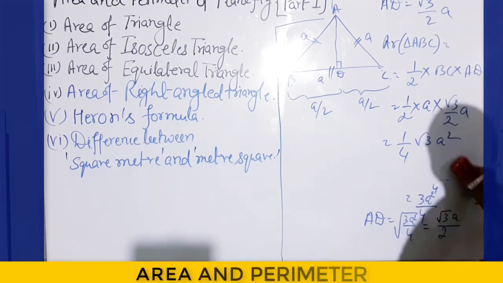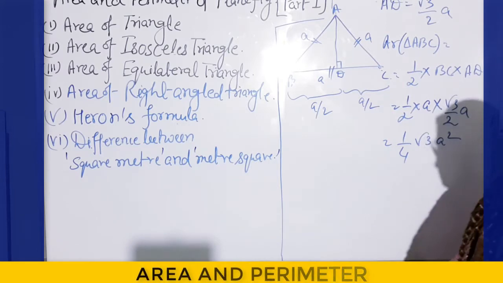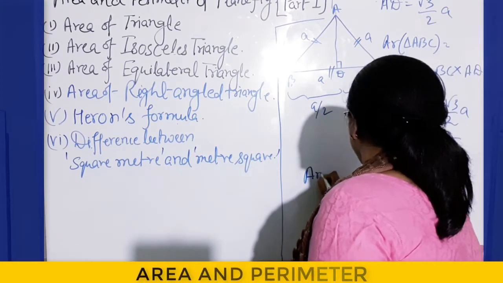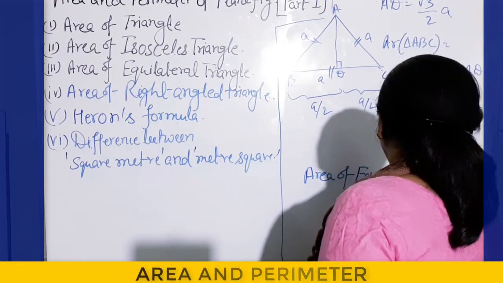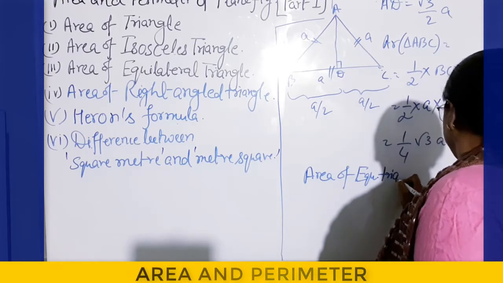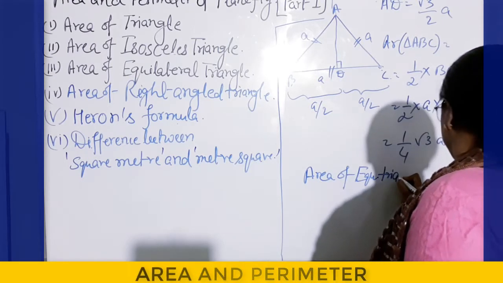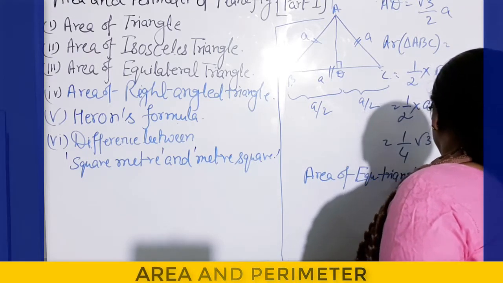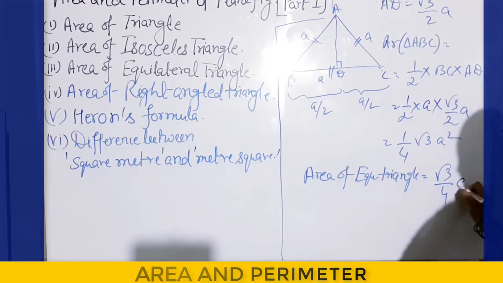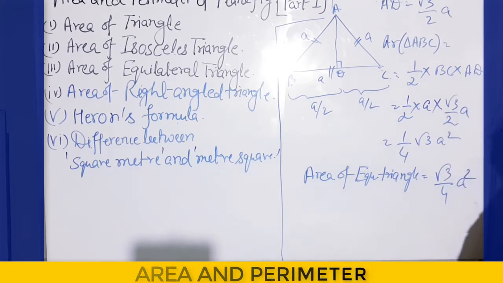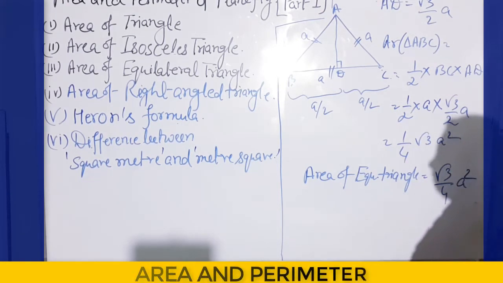It can be written as area of equilateral triangle is equal to root 3 by 4 into a square. So wherever needed, you can use the equilateral formula and the isosceles formula.